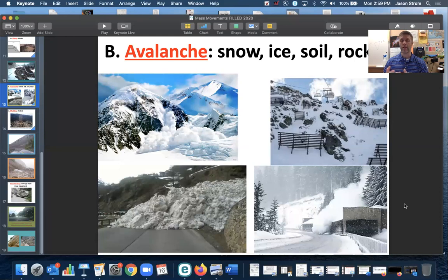So you end up with snow, ice, rock, soil, trees, anything else that's there, buildings. It's snow that can't hold where it is, and it breaks loose and falls down, travels really, really fast. It can do a lot of damage.